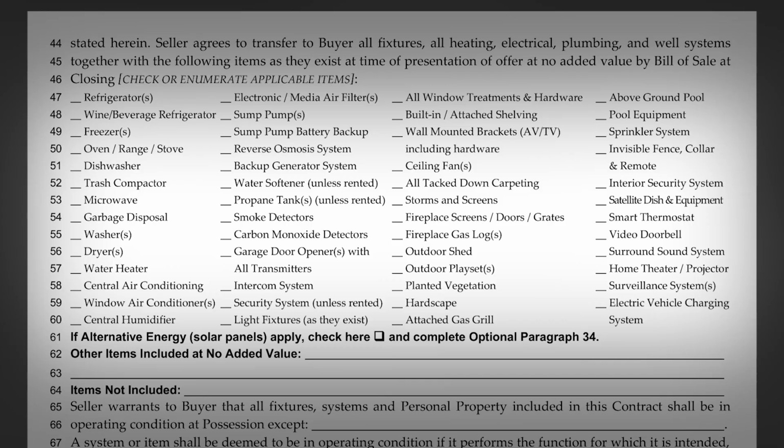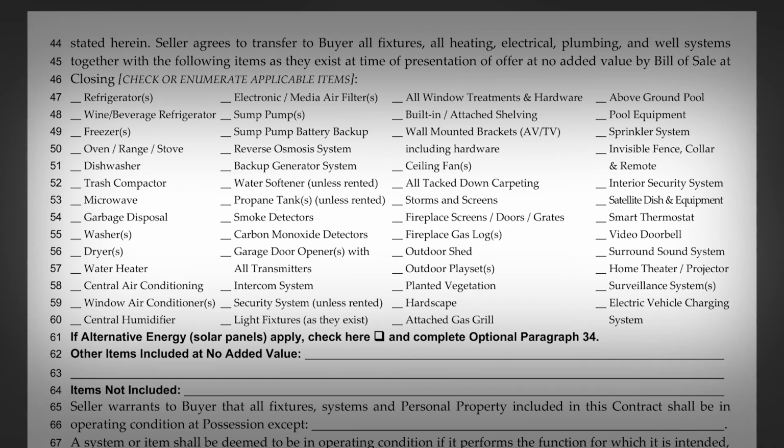Make sure that even though they said it in the listing sheet, it's in there, and everything that you want. There are a lot of new changes on this, additional items, but whatever items your buyer wants at the time of the presentation of this offer, that's what it states on line 45, is exactly what you should ask for. Whatever your expectation is, and they should be in working order unless otherwise talked about for whatever reason.